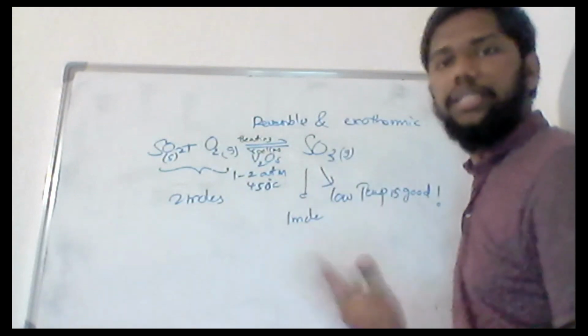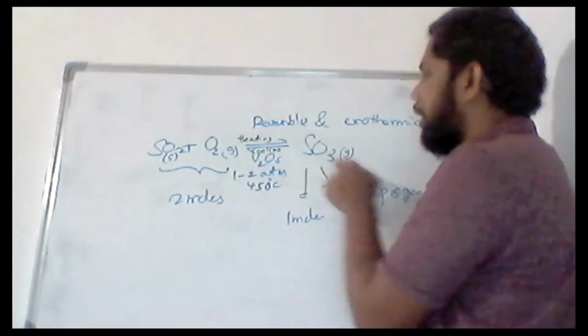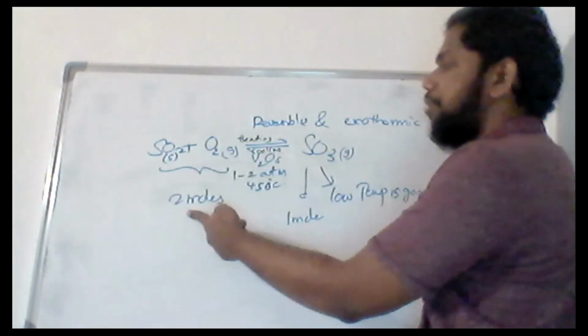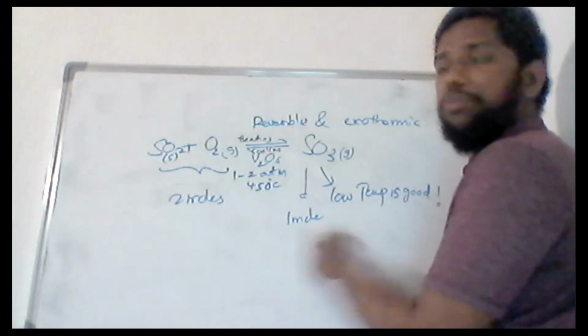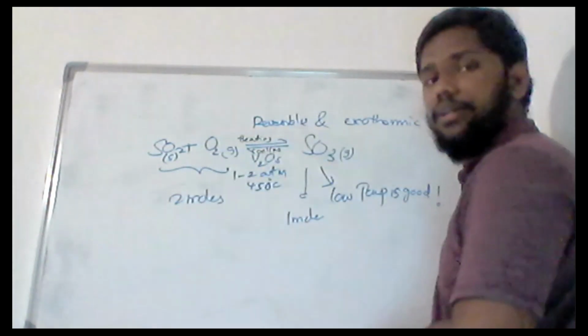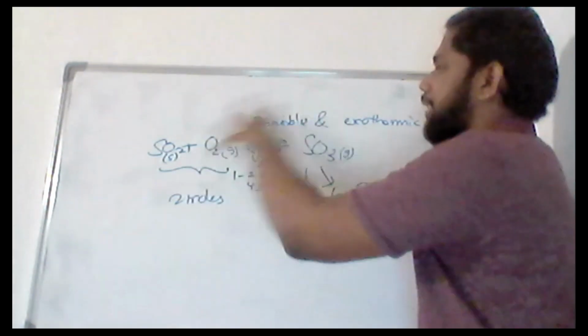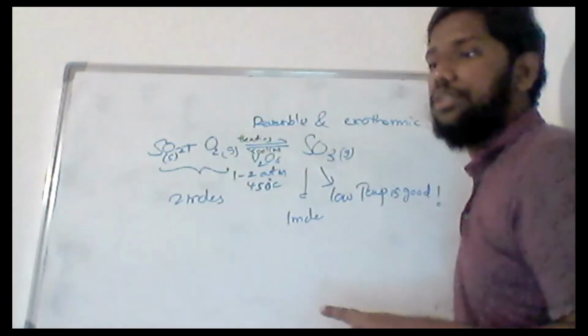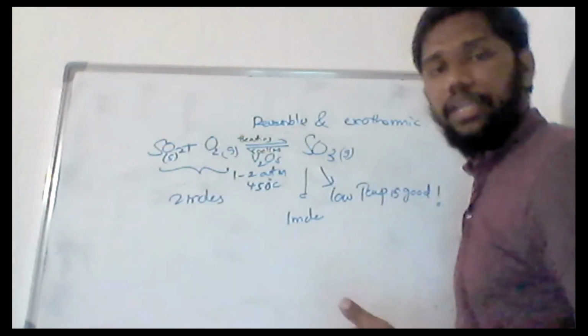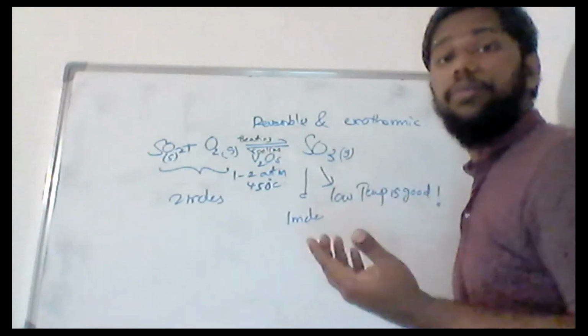Here you need SO3, which means from 2 moles to 1 mole, which means the pressure should decrease. So to make that process favored, you should increase the pressure.